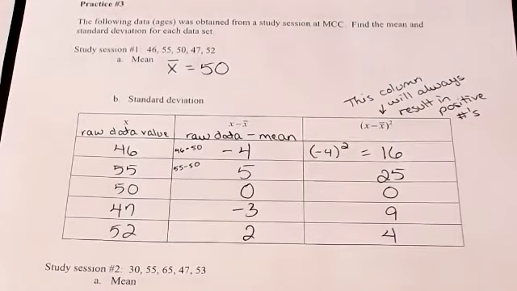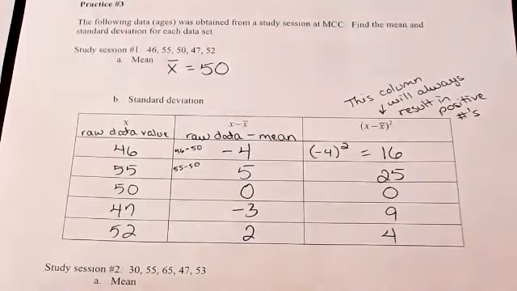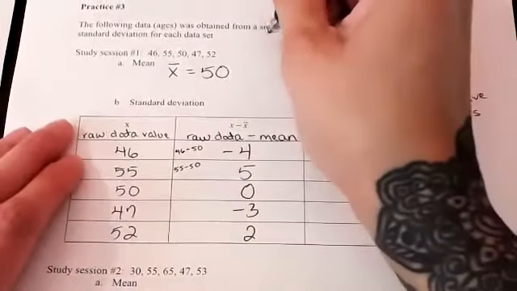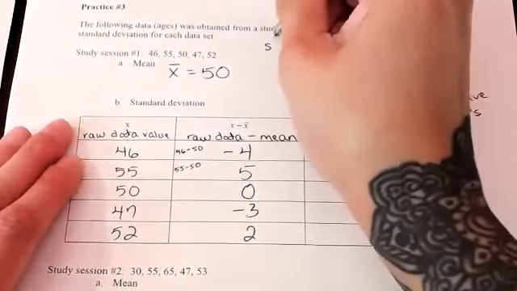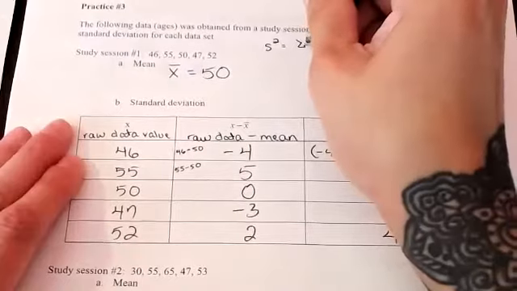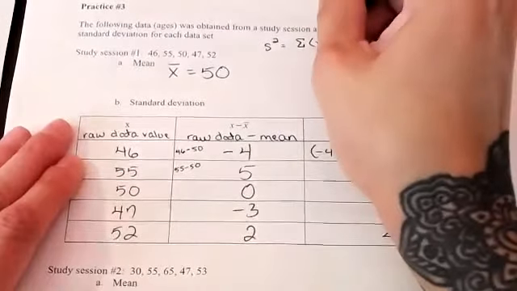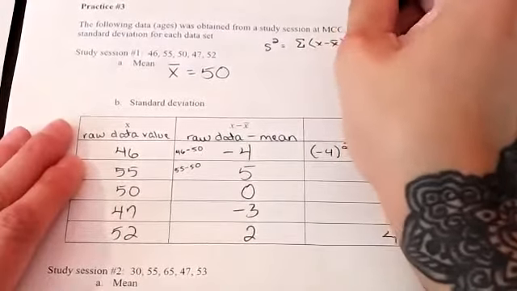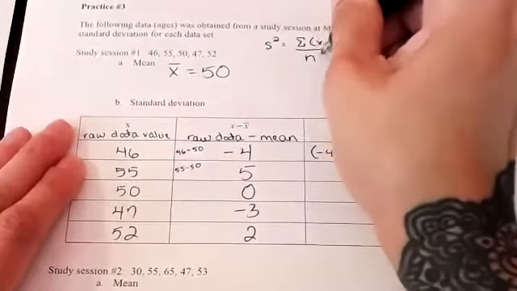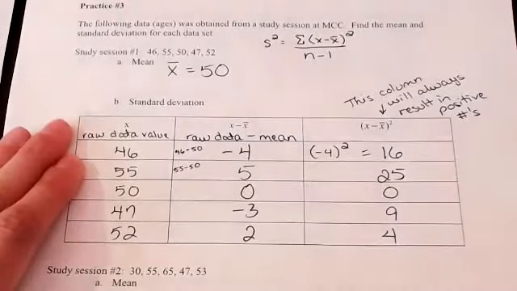According to our formula for standard deviation or for variance, let's start with variance. For our formula for variance, we had to sum up all of those squared differences. And then we divided it by n-1.